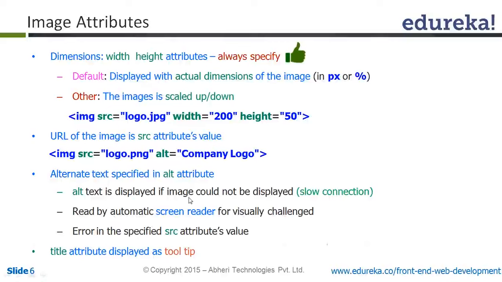And one thing, you might be wondering whether web pages are seen only by people who have eyesight. But these web pages are also browsed by blind and visually challenged people. Since web pages are marked up in HTML, there are screen readers which will read through these HTML pages and read out whatever is in the web page.